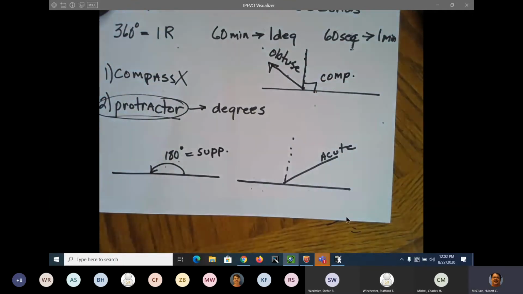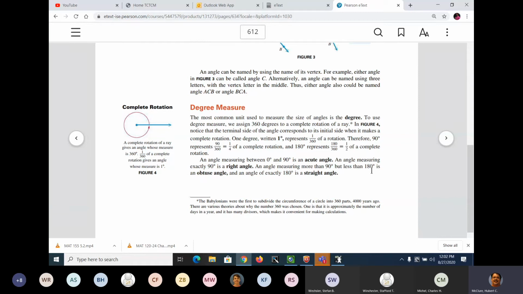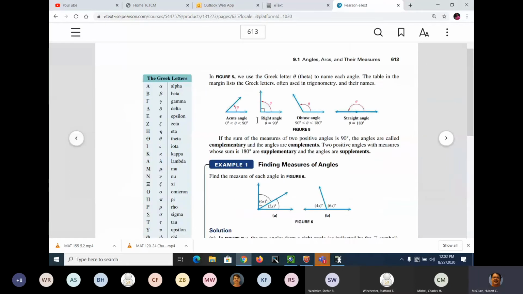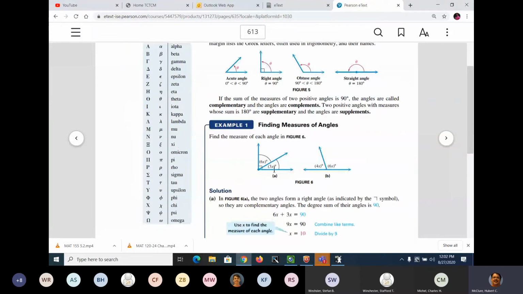Now, a lot of this is in your book, and a lot of you that's had trig before, you know what I'm talking about. But for the ones that's never had trig before, you need to be reading this. Next page. And there's your angles, and here's your supplementary and complementary. This is complementary.